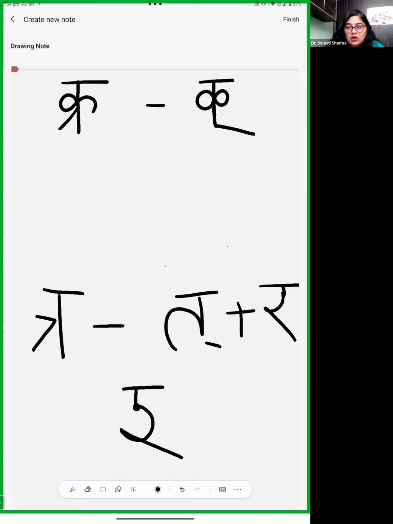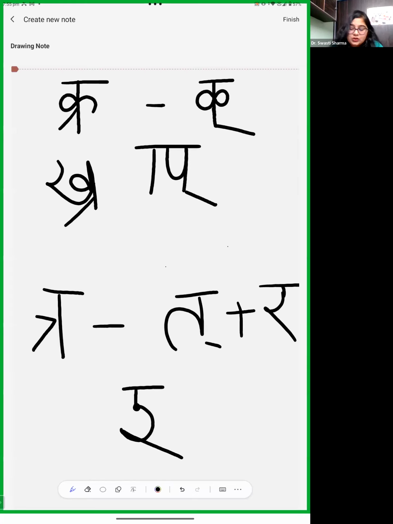This is Kra. But in Kha, the letter, if it goes like this, this line is not straight. First of all, understand that. Okay, in Devanagari, we will make it like this. So we can understand this is the mirror image of the Devanagari one. So this is Khra.